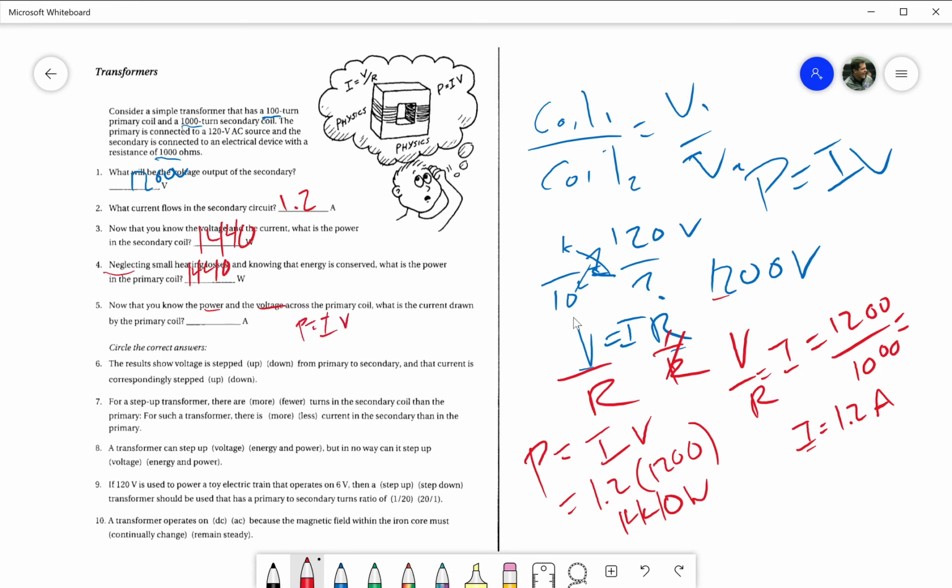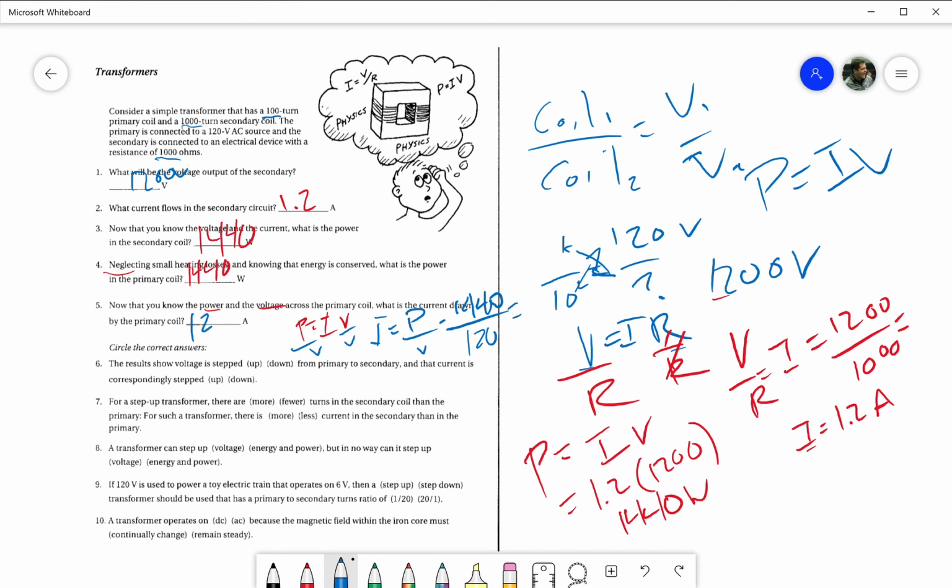We know power, we know voltage, so let's divide by V on both sides, and we see that I is equal to P divided by V. Power was 1440, and our voltage for the primary was 120. So we have 1440 divided by 120, and we get a current of 12 amps.